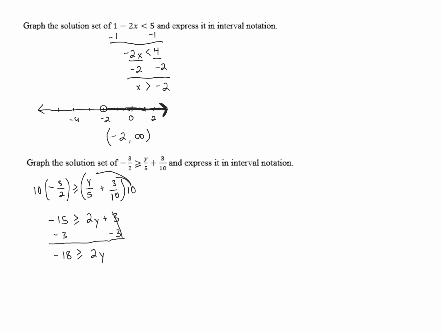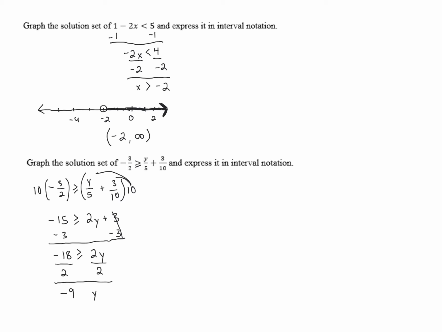So here we have negative 18 is greater than or equal to 2y, and we're almost at the point where we have y by itself. What do we get in the final step here when we isolate y? To get y by itself, we need to divide both sides by 2, and when we do that, we get negative 9 on the left.